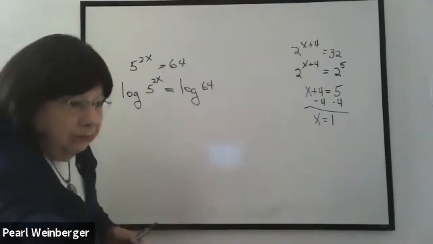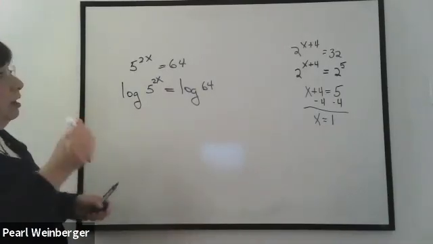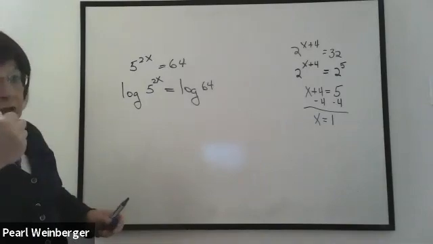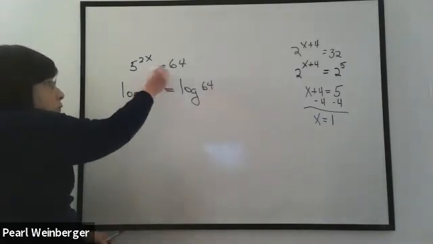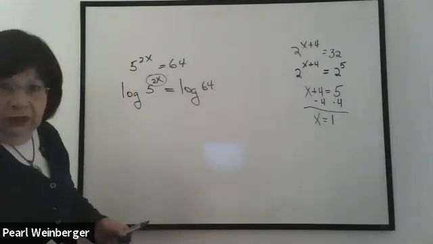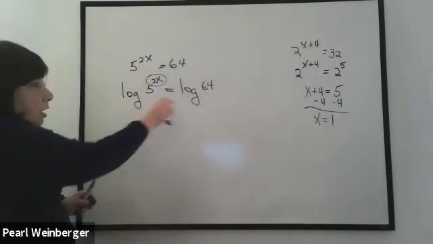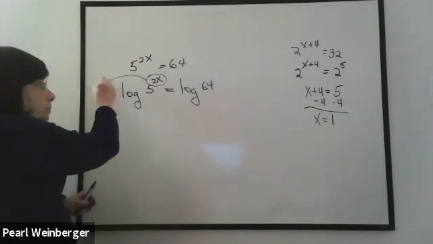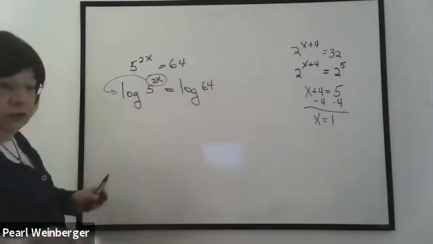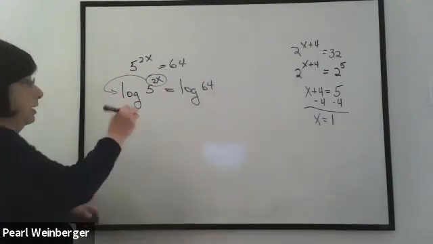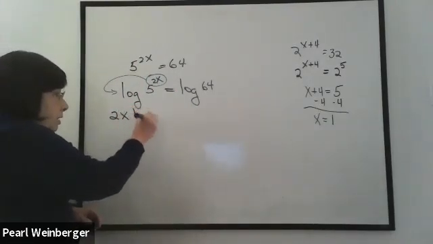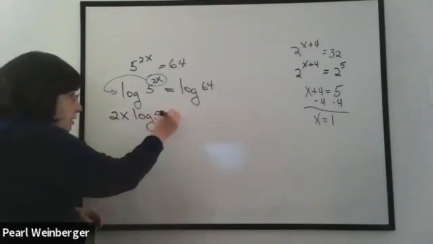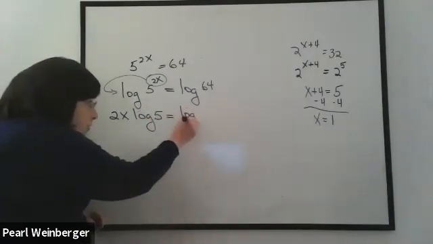The reason I'm doing that is because the properties of logs tell me that when I have an exponent and I'm working with logs, I can make that exponent the coefficient. So this will actually give me 2x log 5 equals log 64.